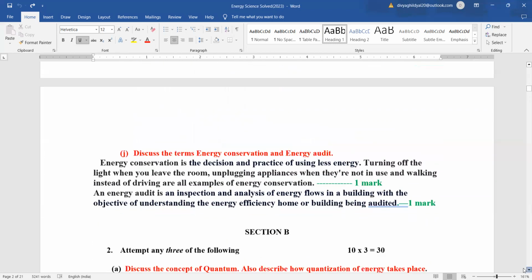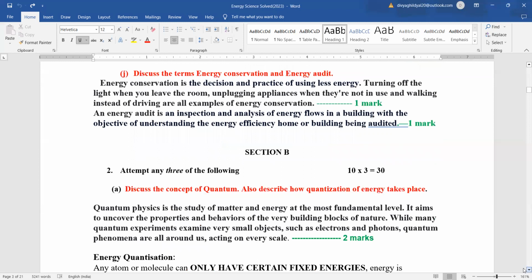So, describe the term energy conservation and energy audit. So 1 mark for energy conservation and 1 mark for energy audit. Energy conservation, that means to conserve something, to protect something. So the practice of using less energy, like turning off lights when you are leaving a room, not utilizing much of petrol, preferring other means of conveyance.